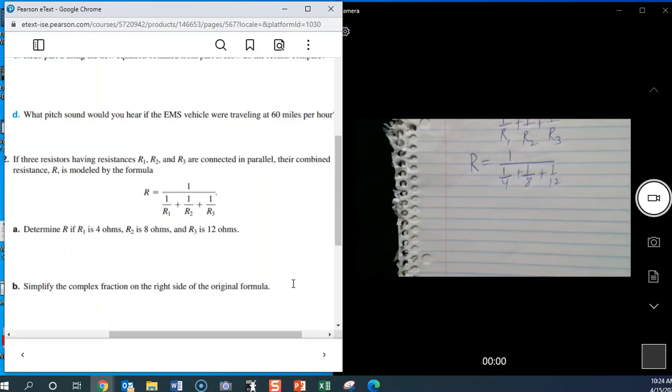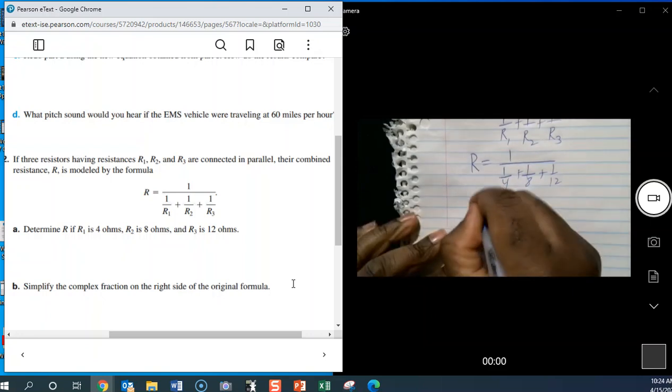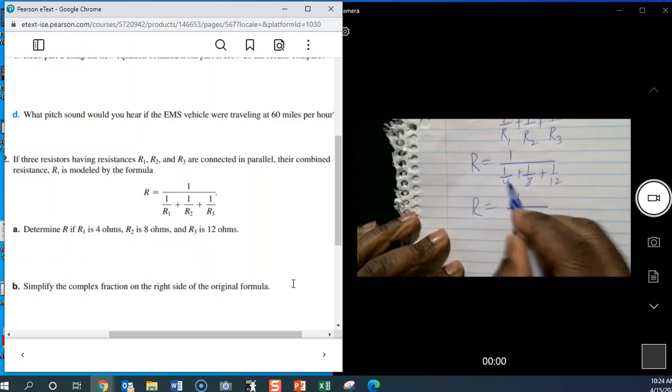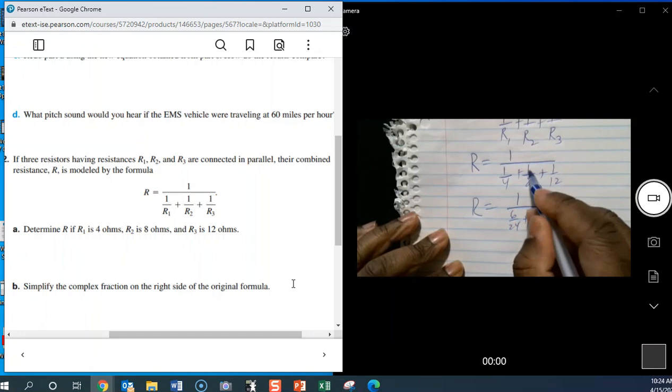The common denominator of 4, 8, and 12 is actually 24. So we know we have to multiply this by 6 over 6, so this would be 6 over 24. This 1/8 would be 3 over 24, and 1/12 would be 2 over 24.